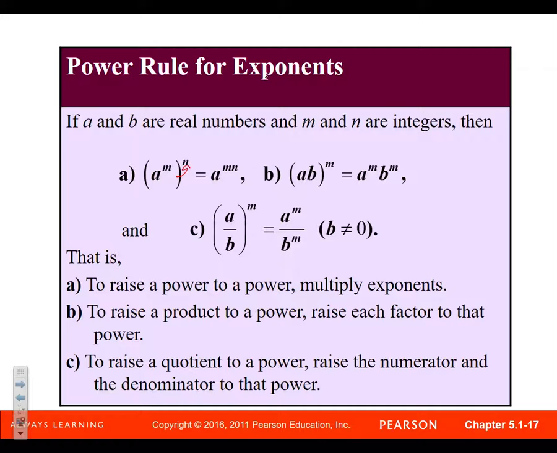This is called power of a power. That A rule is called power of a power. Rule B, can you see it here? This is the power of a product.